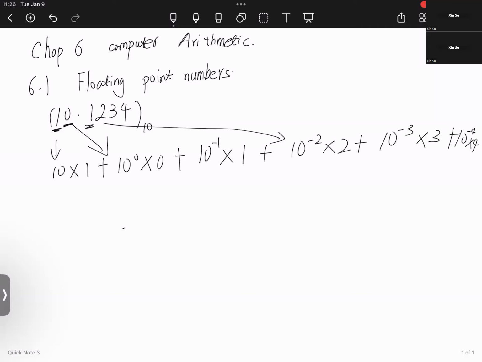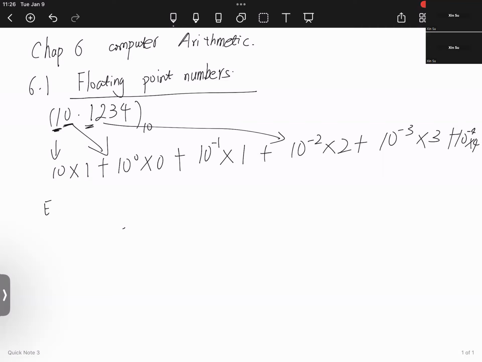This is the usual way we represent numbers. But in the computer, we use the binary representation. So in this chapter, section 6.1, we focus on the binary representation.